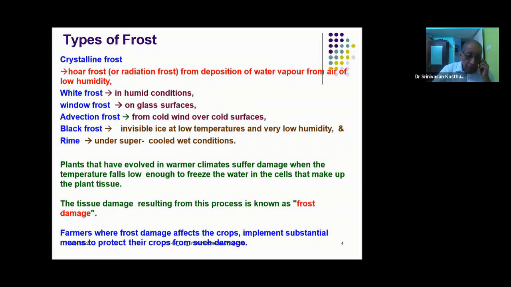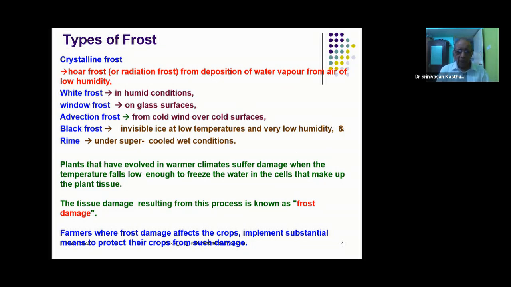Now let's see the types of frost that can happen. The types of frost are the following. Hoar frost, that you call radiation frost. It is because of the deposition of water vapor from air of low humidity, that means less water content.